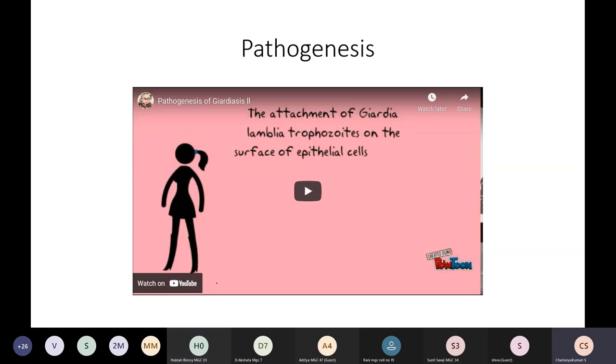Okay, Blessy, go on. Giardiasis occurs from the ingestion of contaminated food with infective cysts. The cysts enter the body through the digestive tract. They undergo excystation in the small intestine and transform into flagellate trophozoites and attach to the surface of the epithelial cells in the duodenum and jejunum, feeding on mucosal secretion.